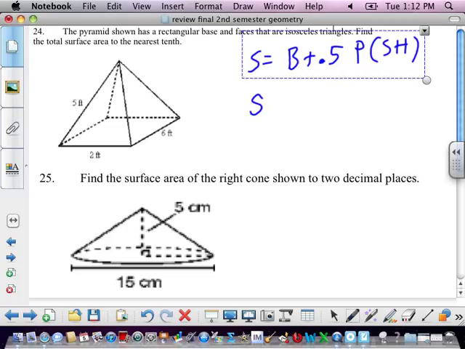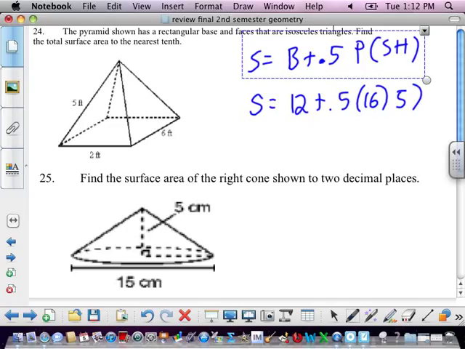So this is easy. Surface area equals base, 2 times 6 is 12, plus 0.5 times the perimeter. 2 plus 2 is 4, plus 6 plus 6 is 16. And the slant height is 5.